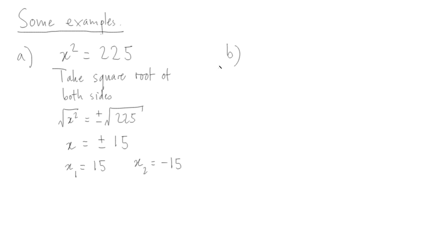In the second example, I have 2x squared equals 40. So I have to do a bit of rearranging first in order to get x squared equals. So I have to divide both sides by 2. Then I will get x squared equals 20. 40 divided by 2 is 20.